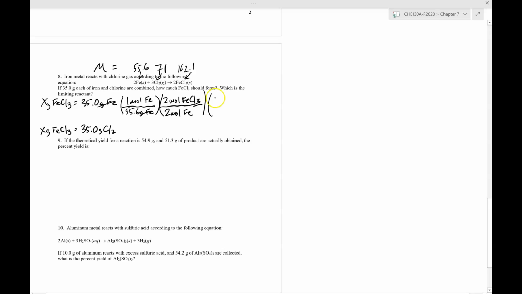And then finally, 1 mole of FeCl3 is 162.1 grams of FeCl3. That's a 3, not a 2. All right, so I can cancel out moles of iron here. I can cancel out moles of FeCl3 there. And so the math is 35 times 2 divided by 2. Well, I can cancel those out as well. 35 times 162.1 divided by 55.6.